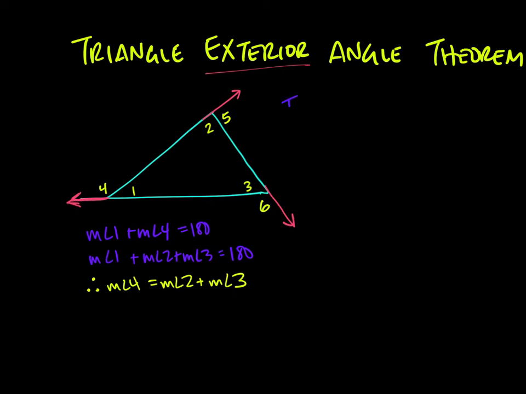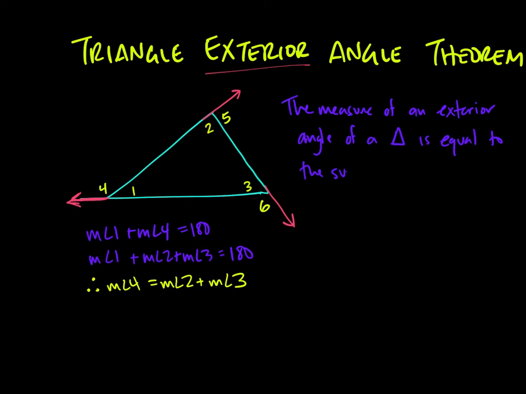And it says this: the measure of an exterior angle of a triangle is equal to the sum of the measures of, and this is a new term here, the two remote interior angles.